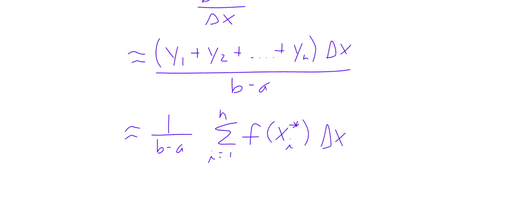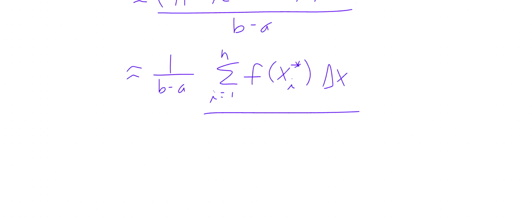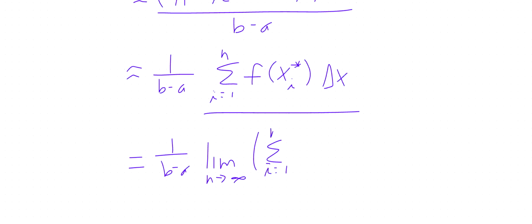Now you can probably see where this is going. This is a very familiar setup. In order to get an exact value, we would take the limit as n goes to infinity of this summation, and what's going to turn out is an integral.